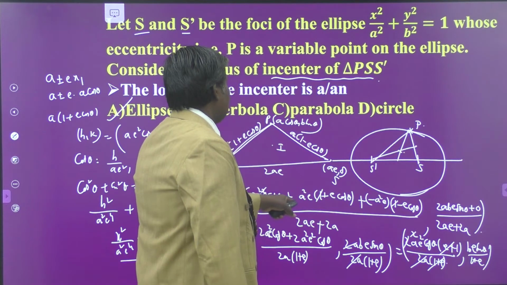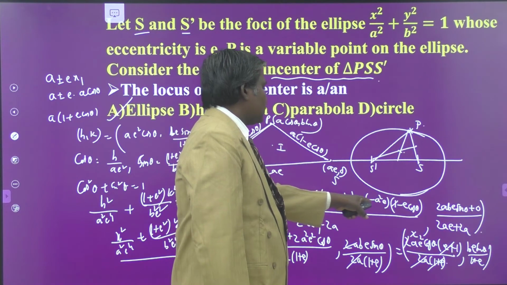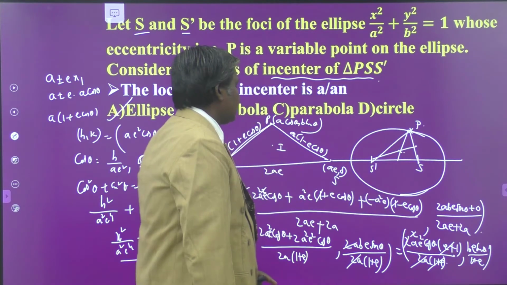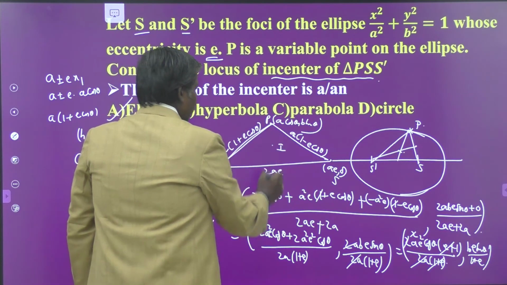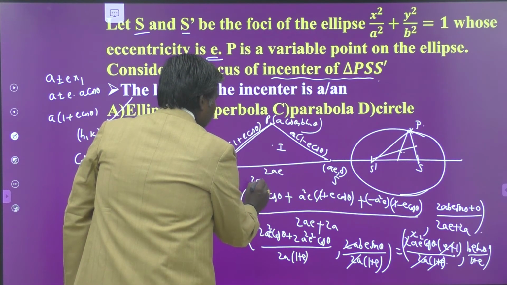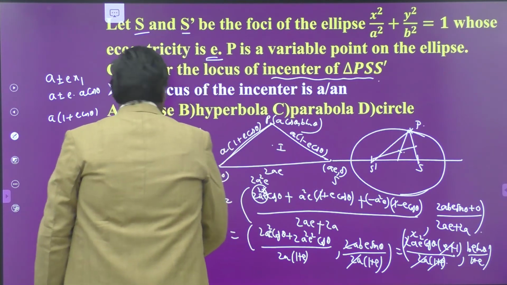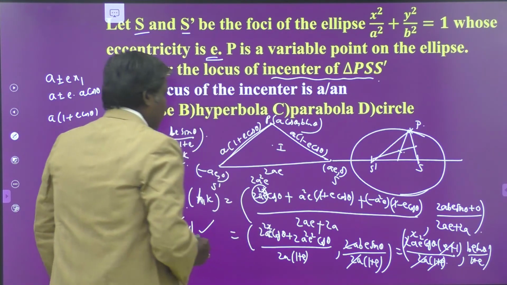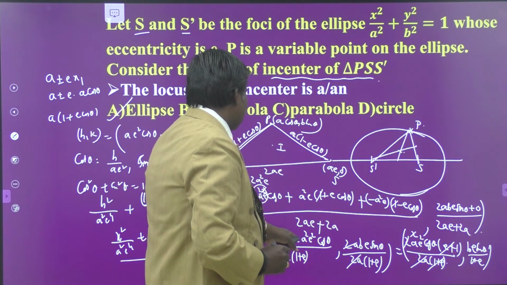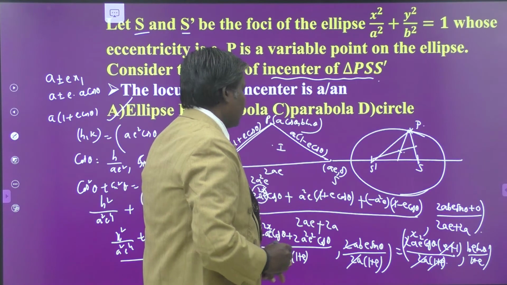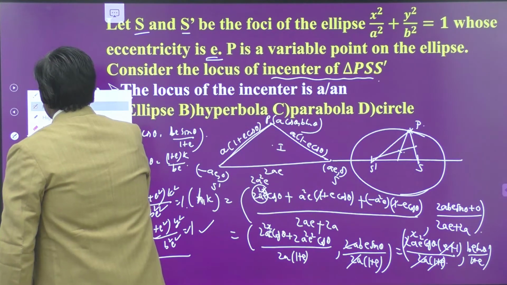2a square e cos theta plus a square e into 1 plus e cos theta minus a square e into 1 minus e cos theta, that will be same. Here what is that? 2a square e cos theta, not 2a e square. 2a square e you can take common, 2a square e into cos theta. Just there is a small correction.